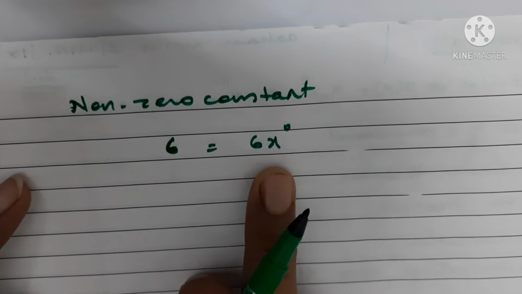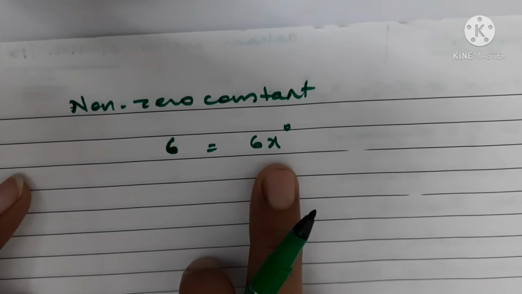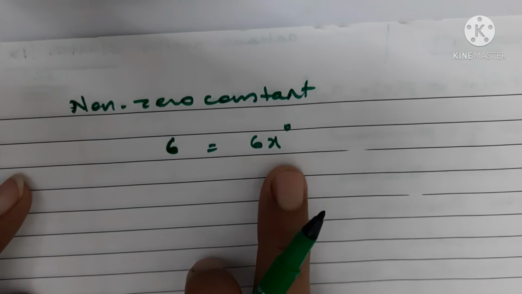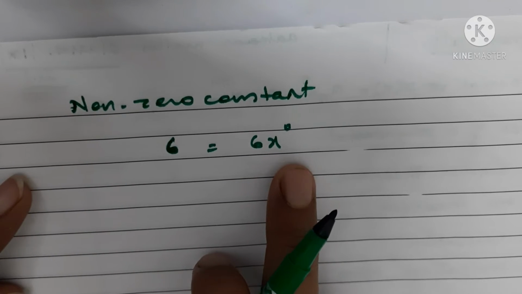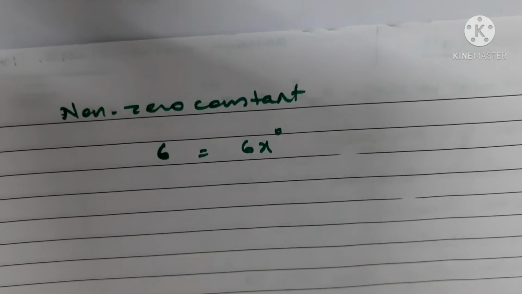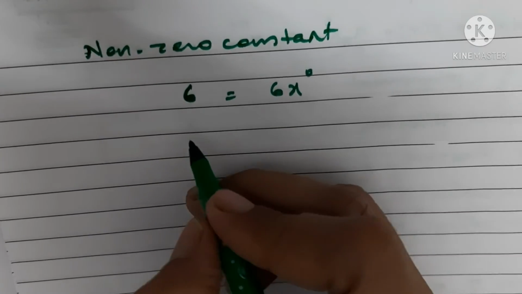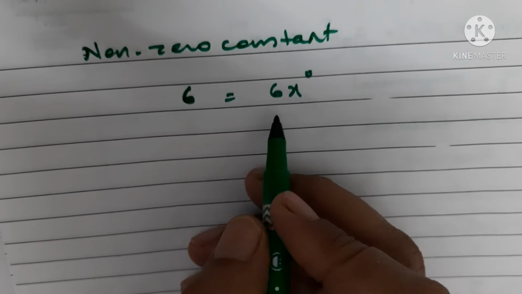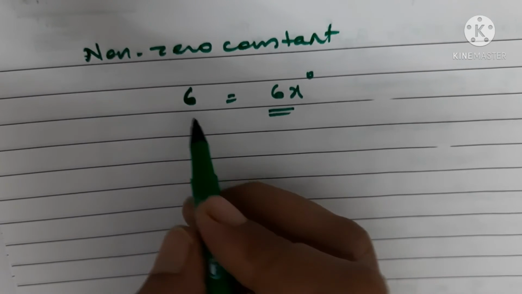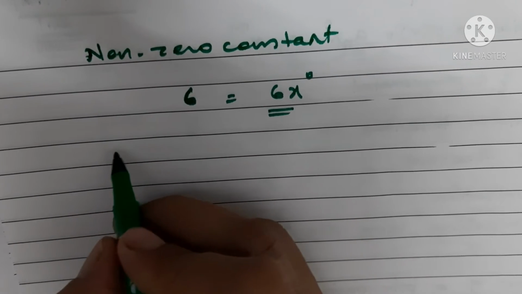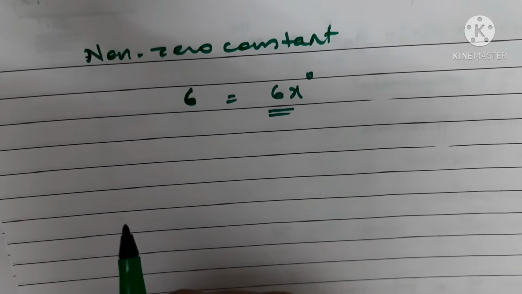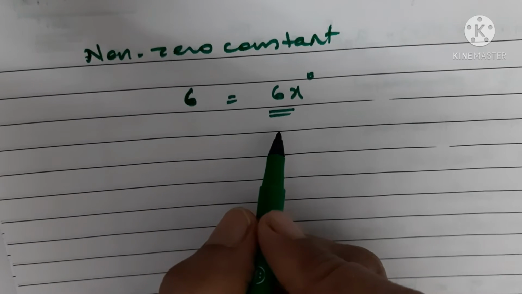If you want to find the 0 of a polynomial of this type, a constant, you will not get any 0 of the polynomial in such conditions.